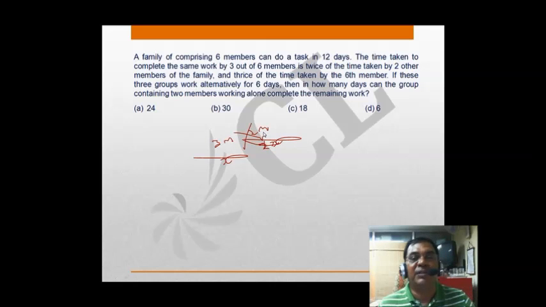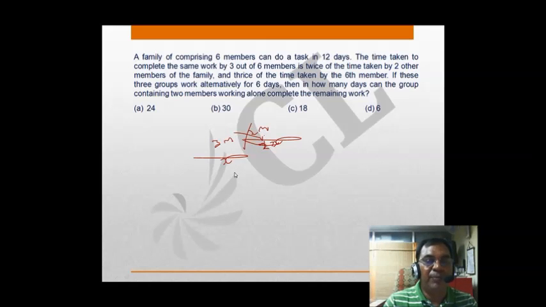Is it per person or the group together? I think it is group wise.